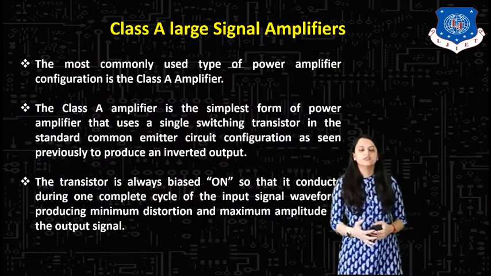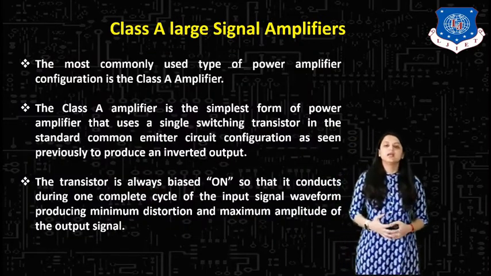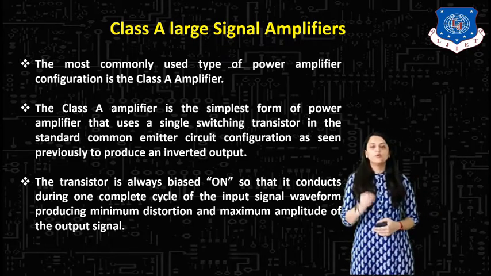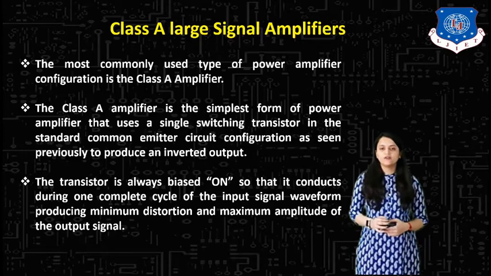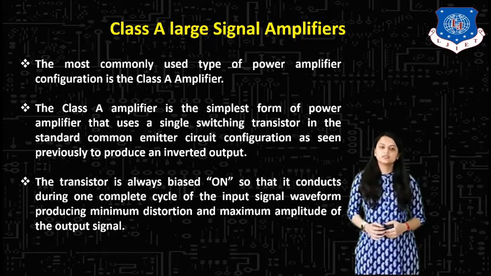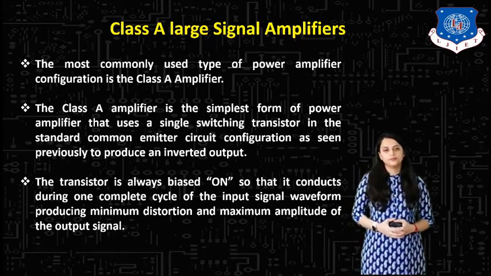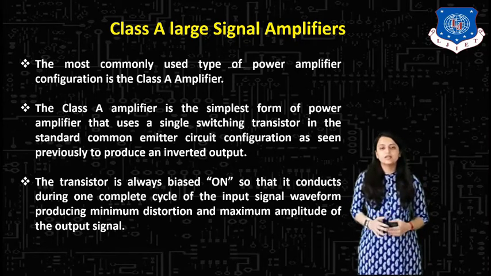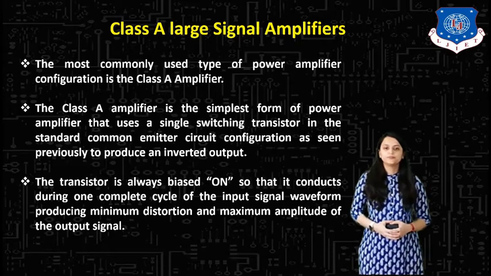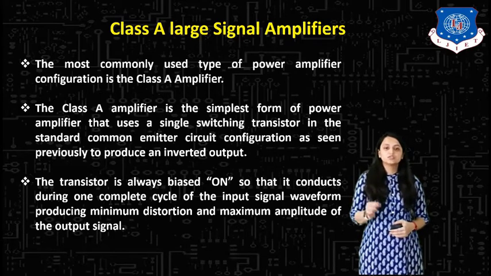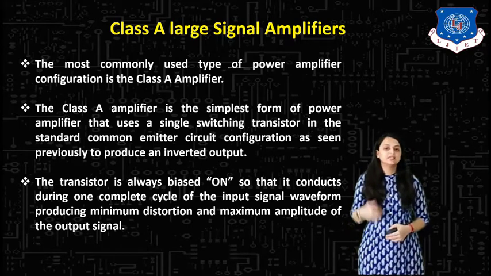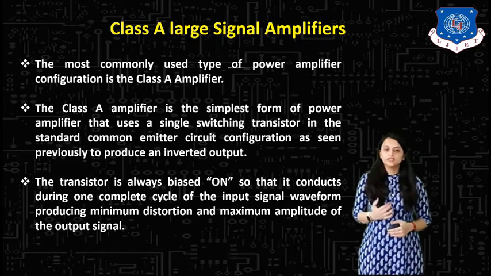That we are going to see in detail. So let us see the first one, class A large signal amplifiers. The most commonly used type of power amplifier configuration is the class A amplifier. The class A amplifier is the simplest form of power amplifier that uses a single switching transistor in the standard common emitter circuit configuration, as seen previously, to produce an inverted output.